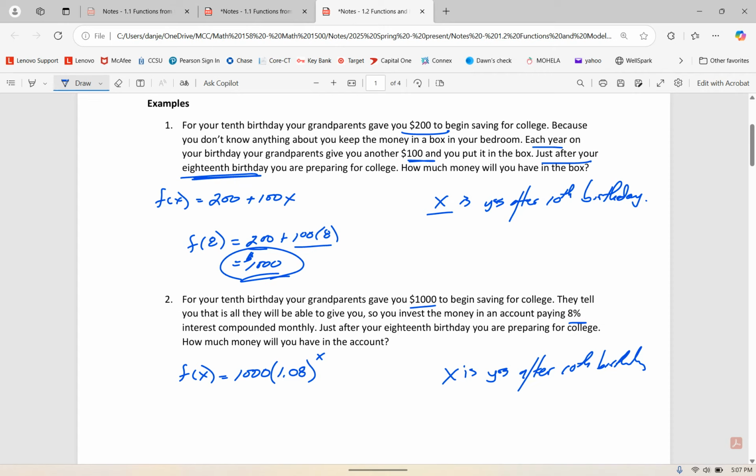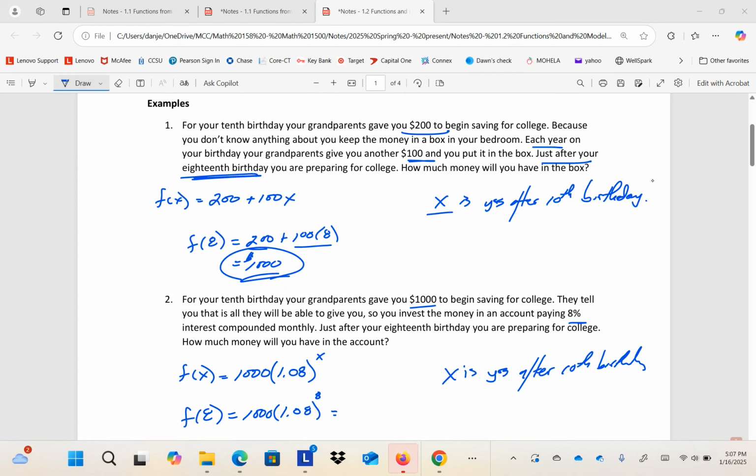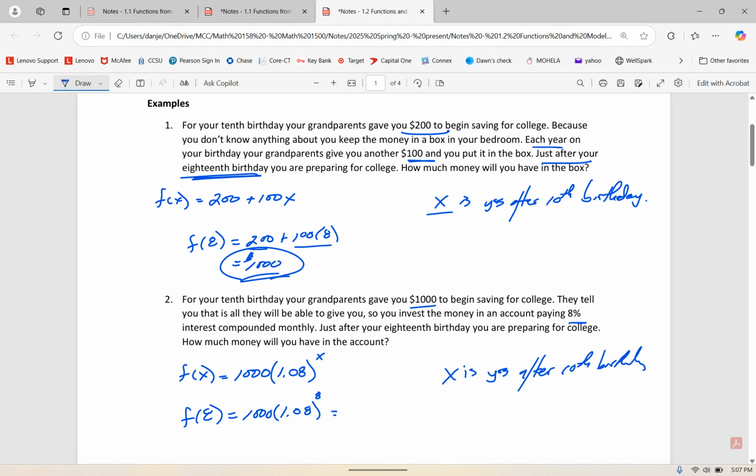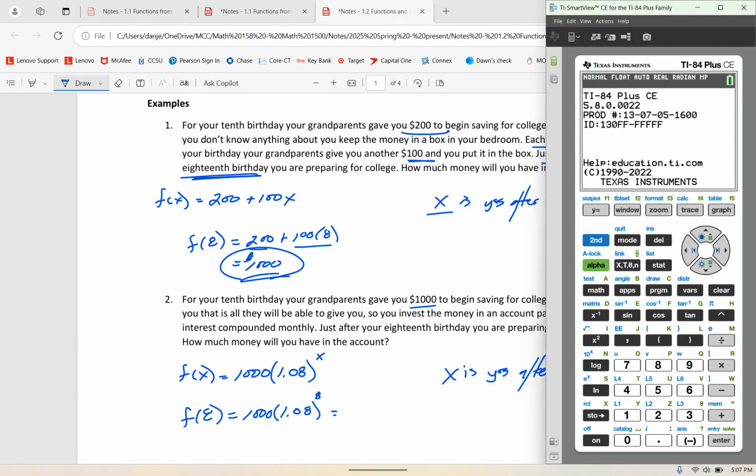After my 12th birthday, 2 years later, x would be 2. 15th birthday, x would be 5. After my 18th birthday, x is 8. So I'd have 1,000 times 1.08 to the 8th. And I could calculate that. Okay? Now to calculate that, bear with me here, I'm going to use my graphing calculator.